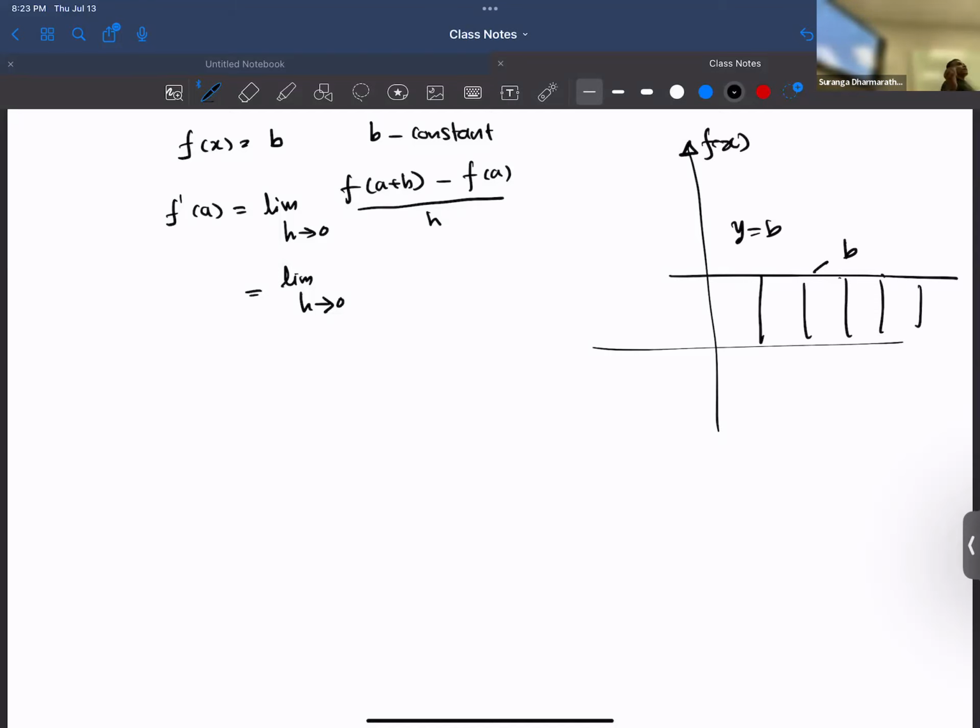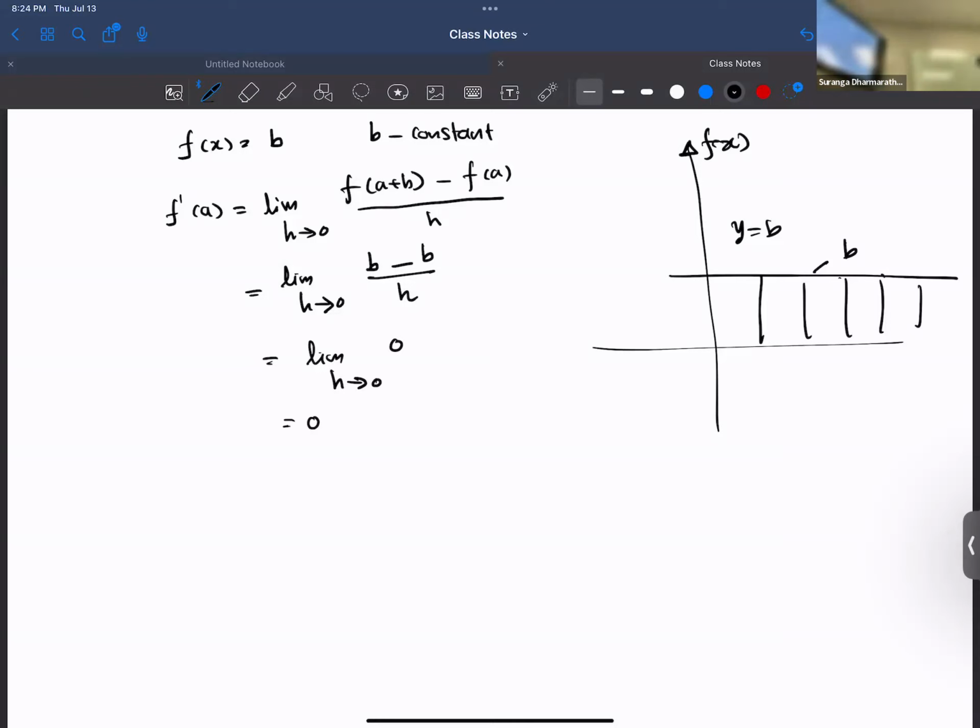Does that make sense? So what is f of a plus h? b. What is f of a? b. So b minus b divided by h, what is the value? This is limit h goes to 0 of 0. The value is 0.